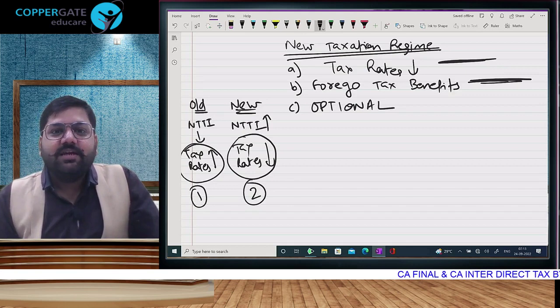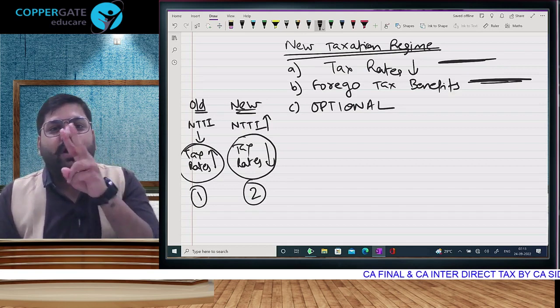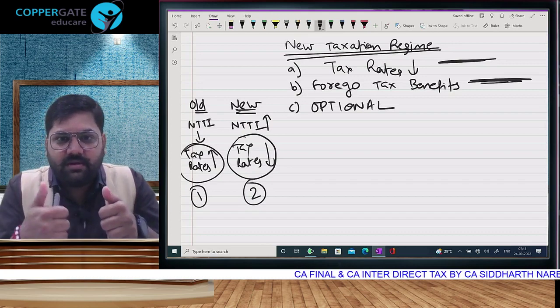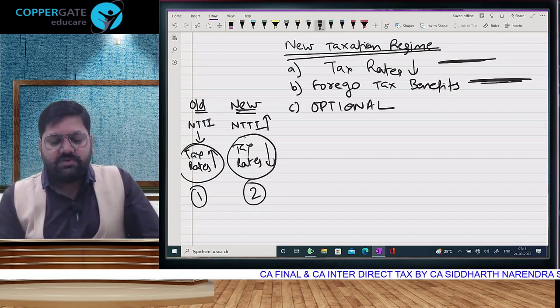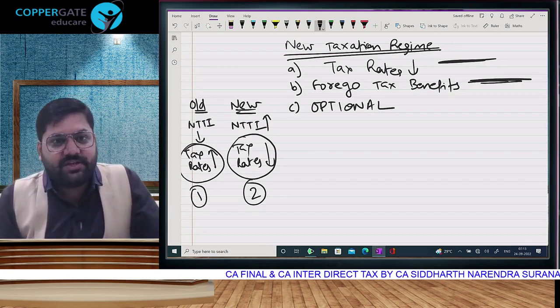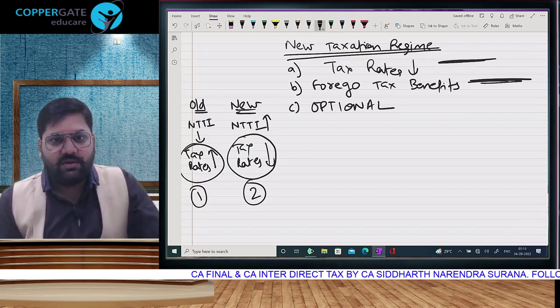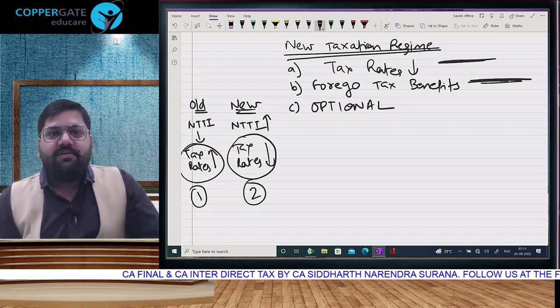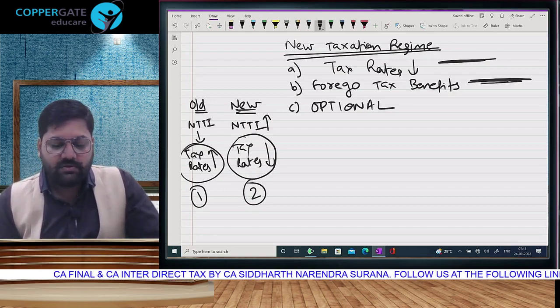Auntie says you will have to calculate tax twice. First as per old regime, then as per new regime, and choose whichever is obviously beneficial. For you, beneficial means lower only. And that is why we will have to keep old and new regime both in our classroom discussion also.